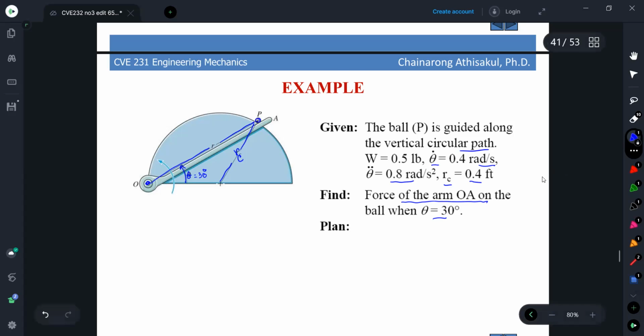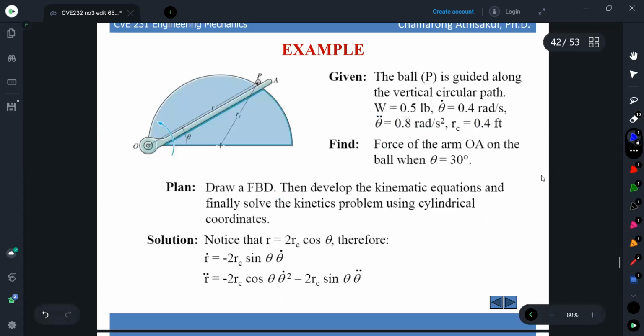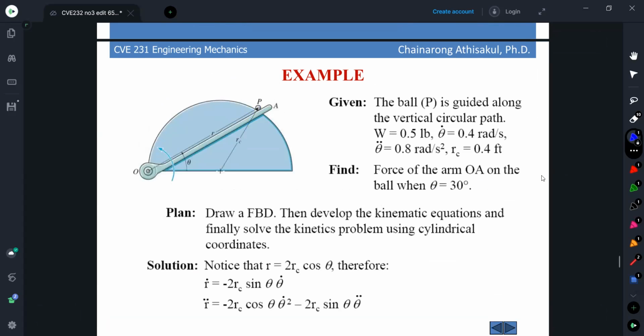So we start by drawing the free body diagram, and we know that the acceleration in the r and theta directions is derived from theta dot, which is already given in the problem, and we also have to know r dot and r double dot.